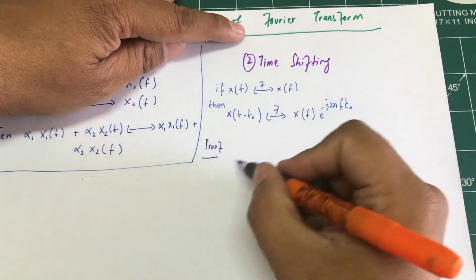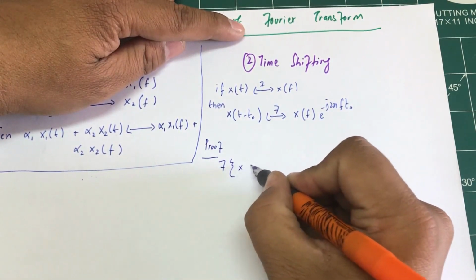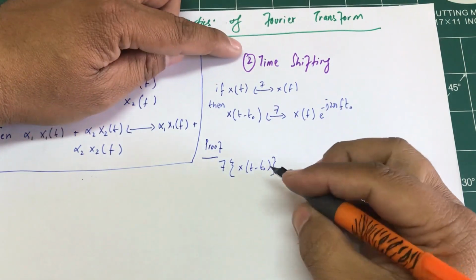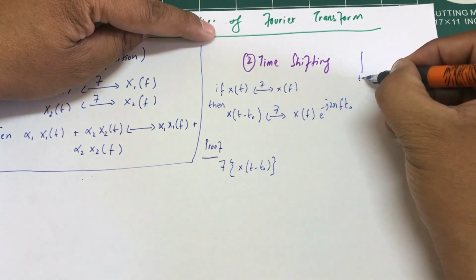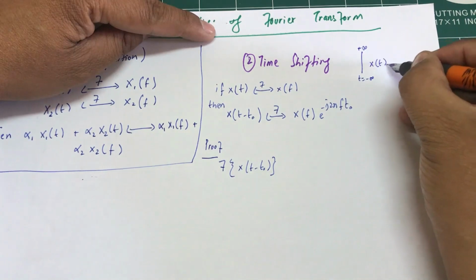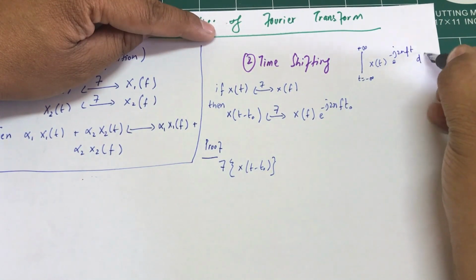The proof is this. Let's take the Fourier transform of x of t minus t naught. What is the definition of my Fourier transform? X of f is equal to the integral from negative infinity to positive infinity of x of t e to the negative j 2 pi f t dt.